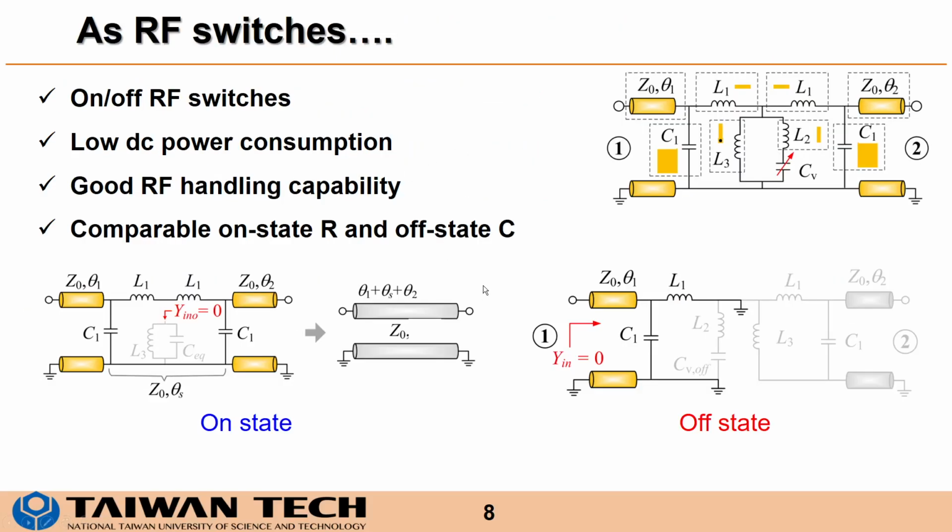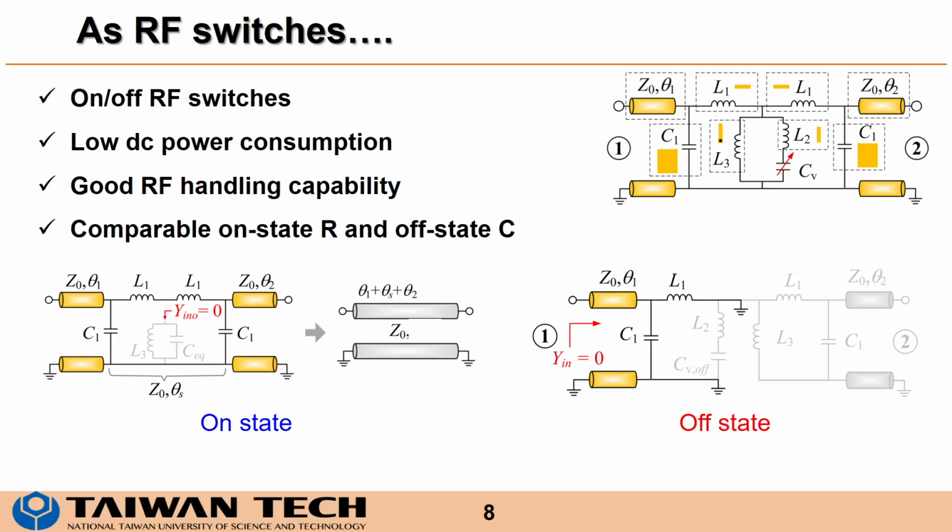So let me introduce to you the operating concept of the structure. The first is the RF switch. The equivalent circuit of the structure is shown here, and the most important part of this structure is the C_v shown here.